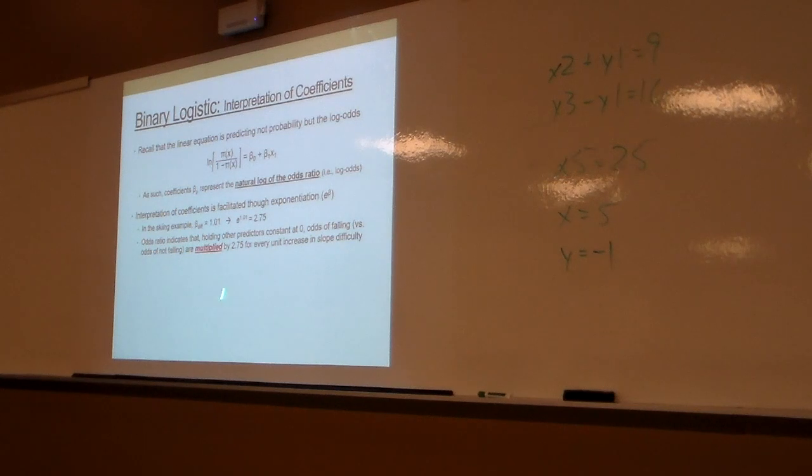Now this starts to become important because this multiplied effect is different from how we would interpret our x's. So in a standard linear regression, say my coefficient for my predictor x is 1.